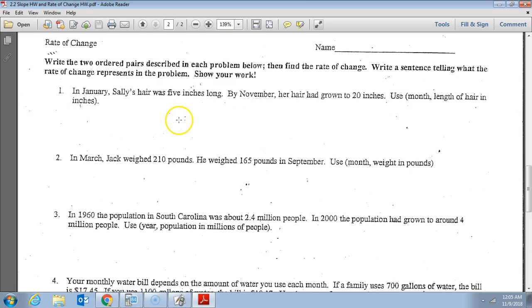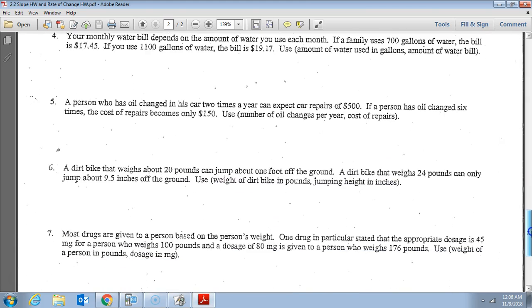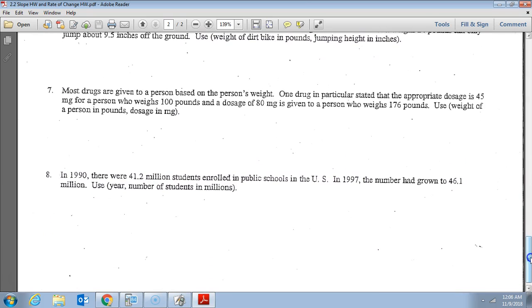And then you use the slope to help you find how quickly Sally's hair is changing. How quickly Jack's weight is changing. How quickly the population in South Carolina is growing. That is what the rate of change is, but it's basically the same thing as the slope.